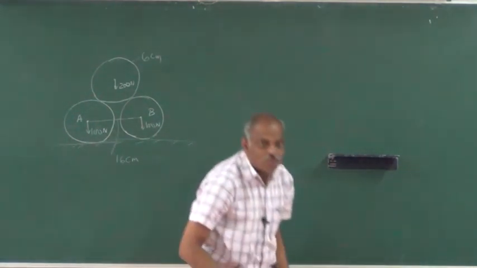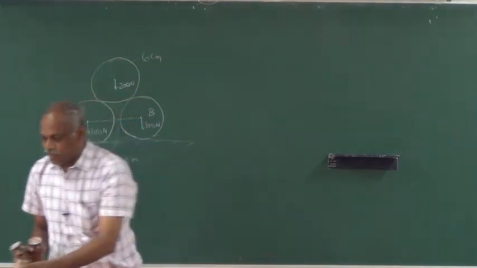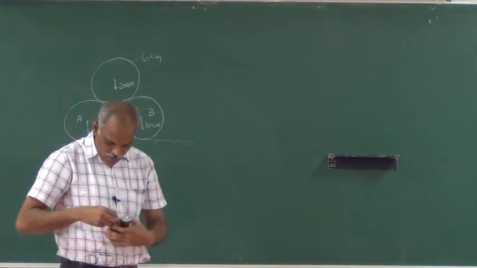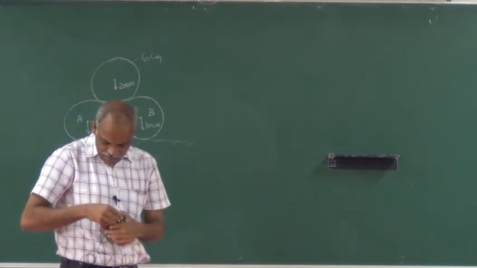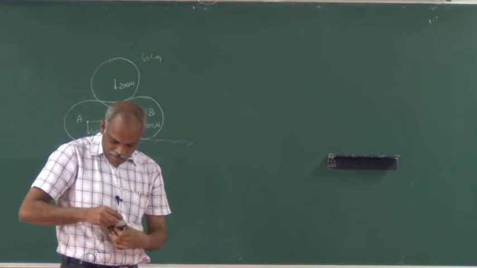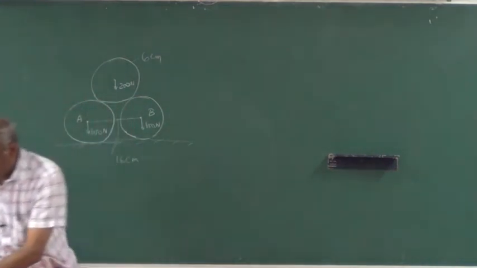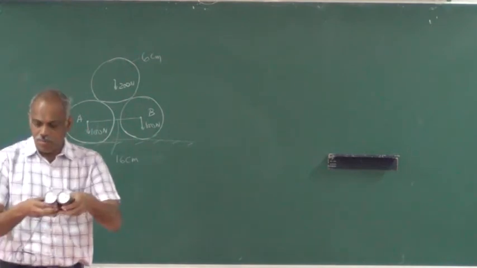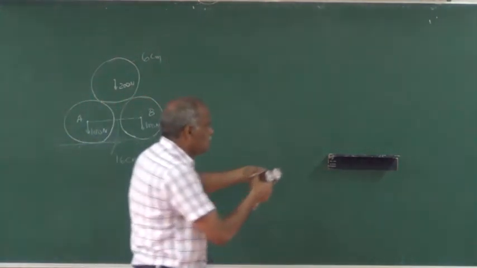Now if this has to be in equilibrium, what I do is I connect the bottom using a string. In this case it is a rubber band. I have put the rubber band here.